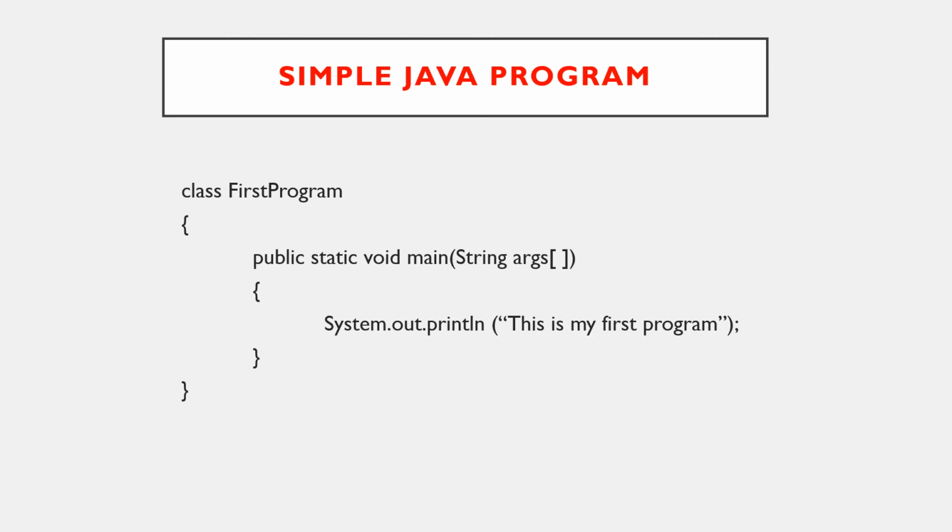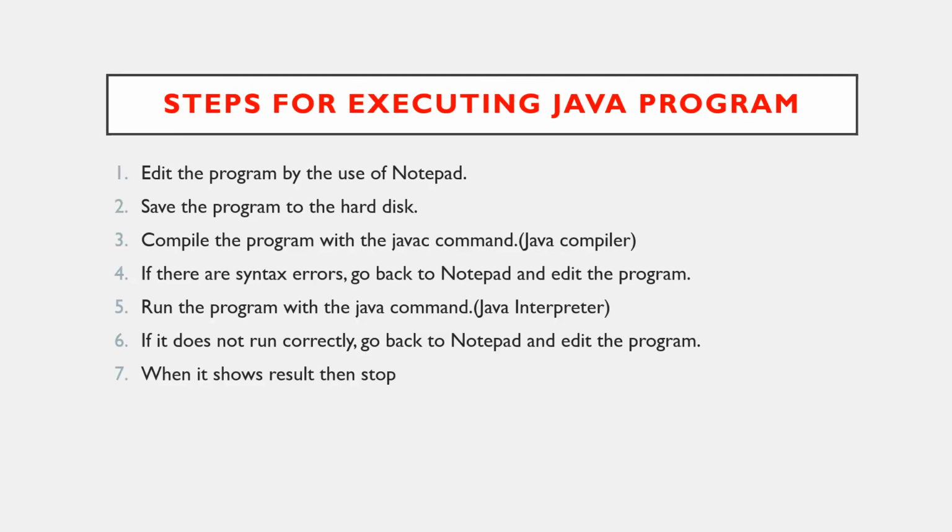Here, println is a method, a member of the out object, which is a static data member of the system class, so that it prints the line, this is my first program. So this is about a simple Java program.